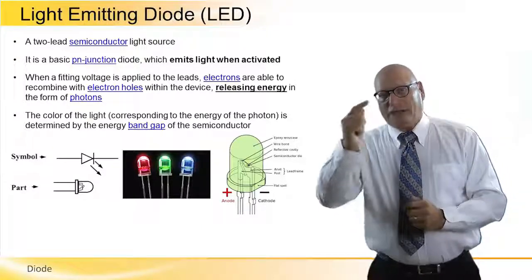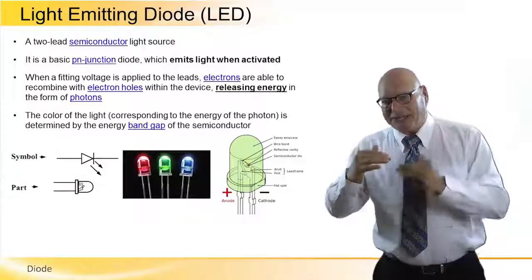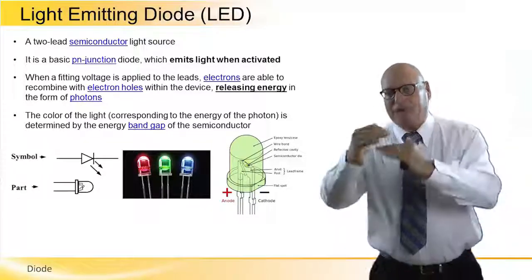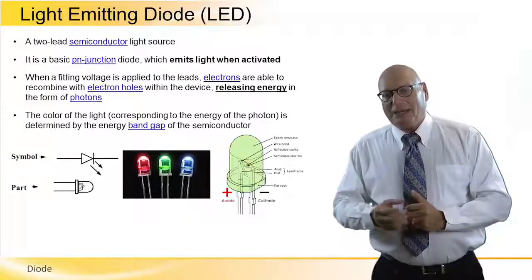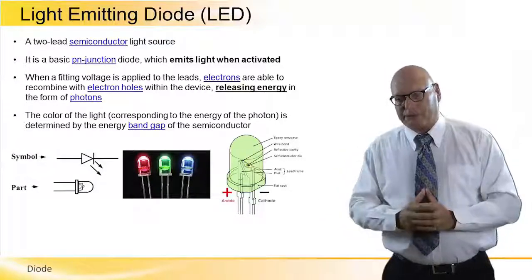The color of that light, corresponding to the energy level of the photons, is determined by the energy band gap of the semiconductor itself.